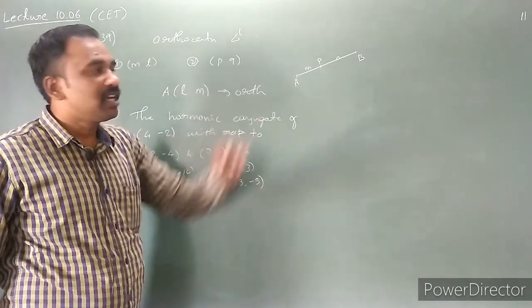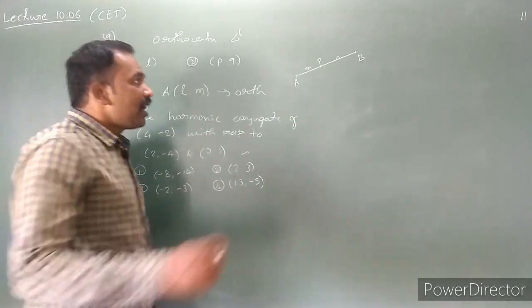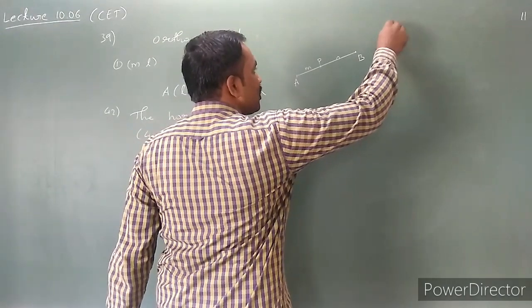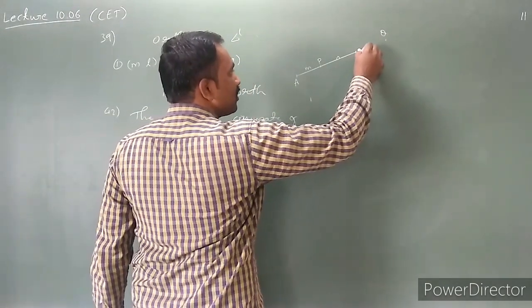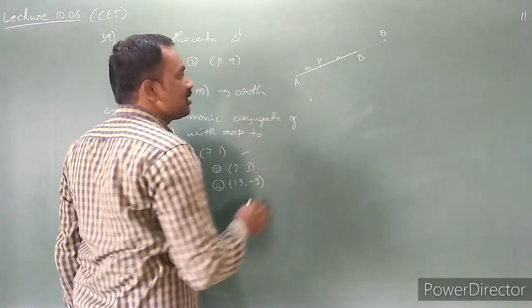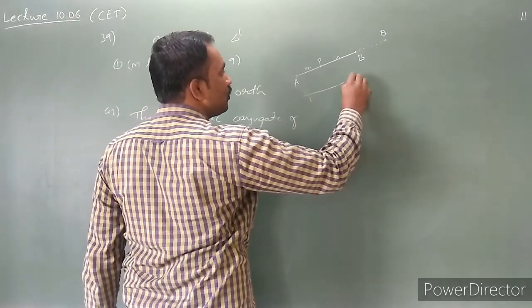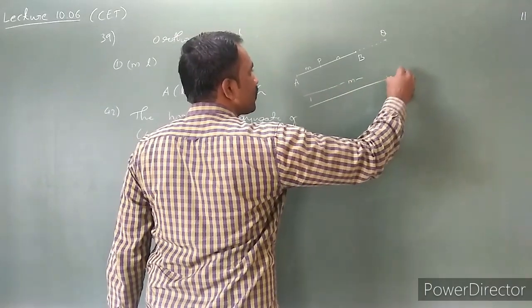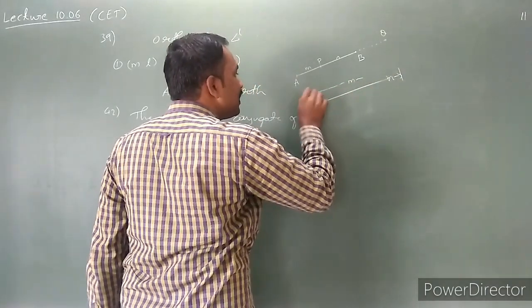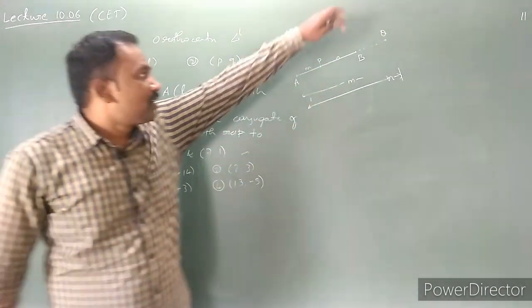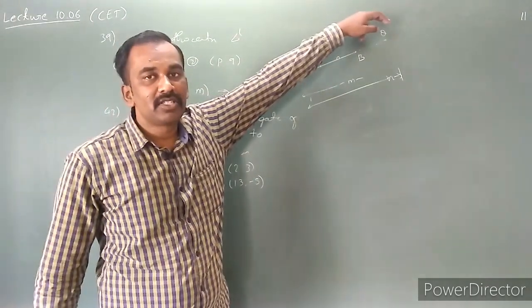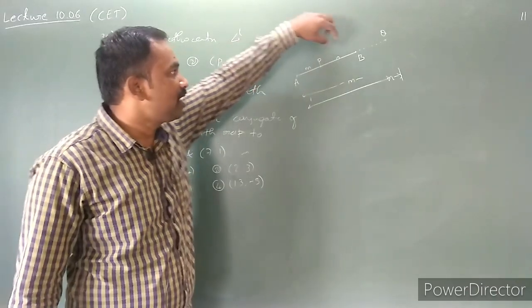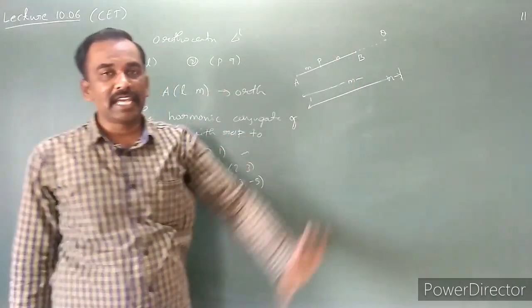Another point Q divides this line segment AB in the ratio m is to n externally. Then Q is said to be a harmonic conjugate with respect to the points A and B.